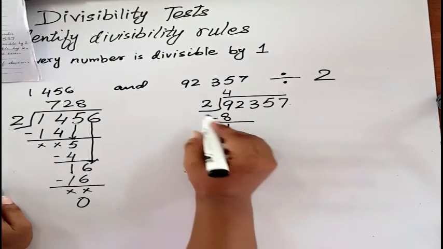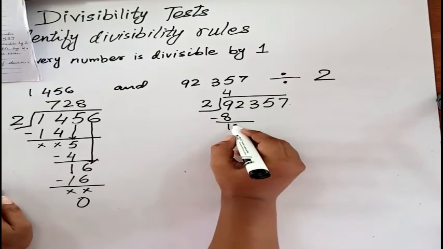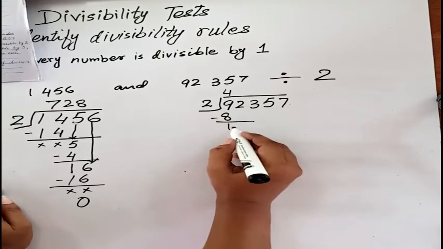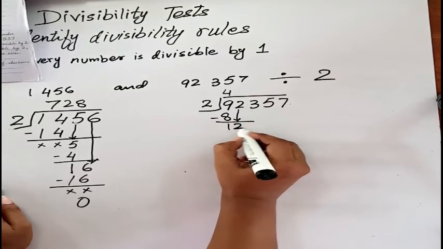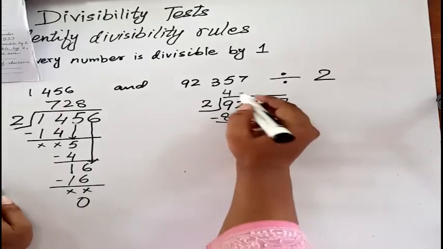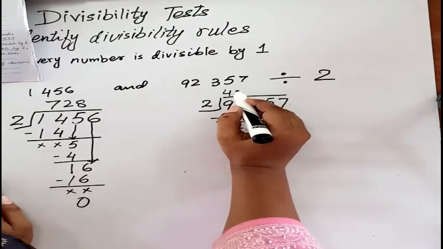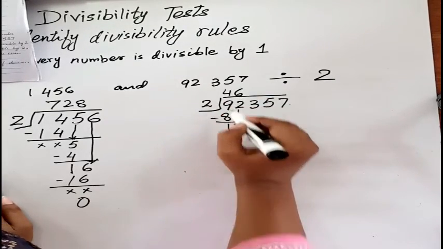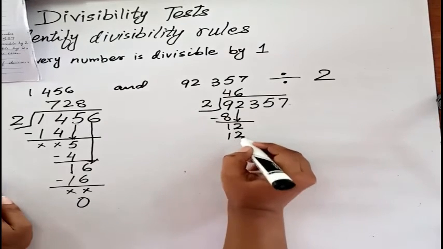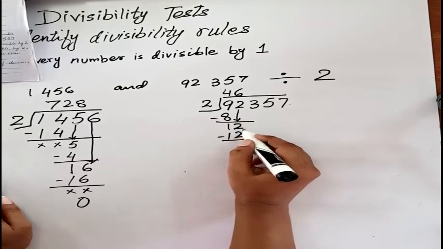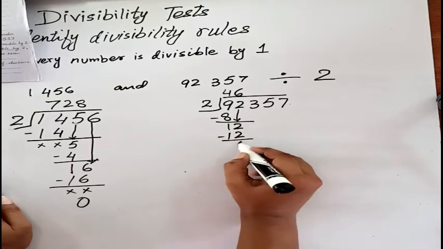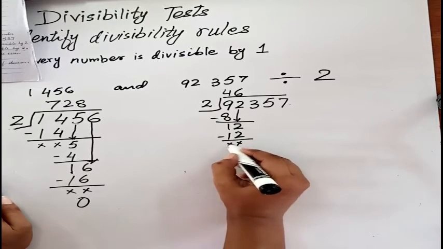1 is less than 2. We will make 1 bigger. For that we will bring 2 down. This has become 12. 2 sixes are 12. Again we will subtract, starting from the right side. 2 minus 2, 0. 1 minus 1, 0.